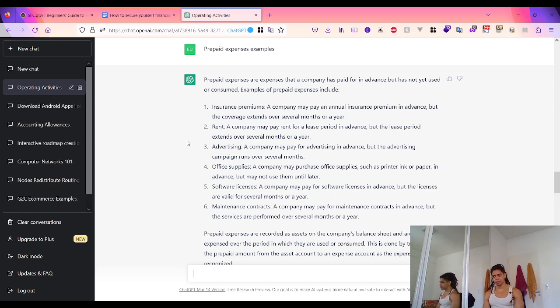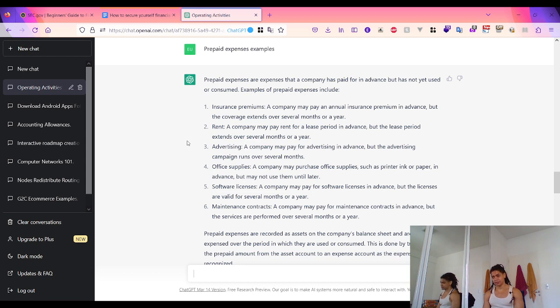A company or a person may pay rent or lease period in advance, but the lease period extends over several months or a year. So advertising as well, office supplies, software license. Most of the time, people in third world countries barely pay that unless they are a company.